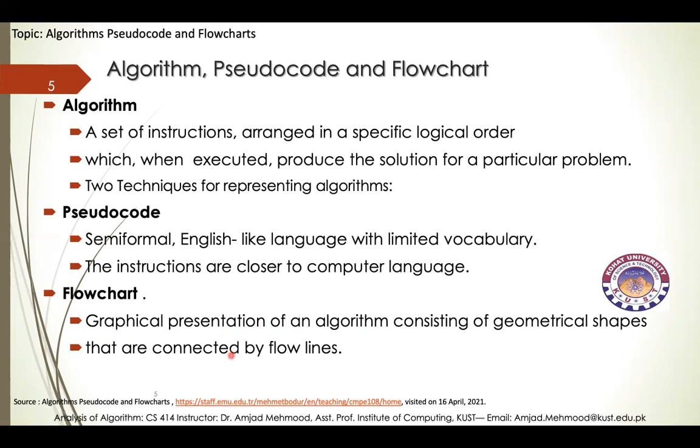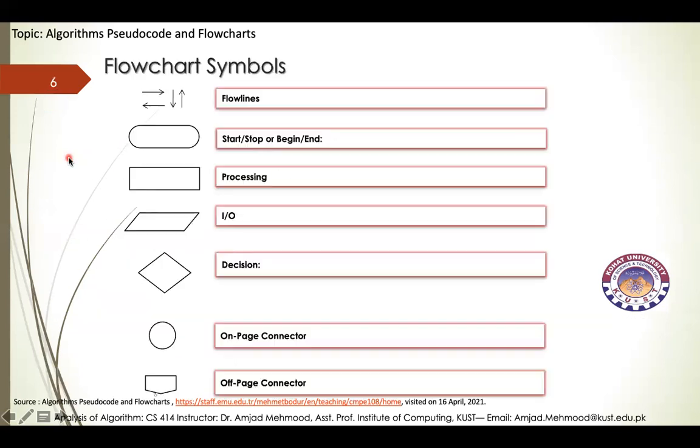I'll show that with demonstration, but this is a graphical way of showing the algorithm. It is normally considered that graphical way is more appropriate than textual. So this is the textual way and this is the graphical way of showing algorithms. So these are the graphical symbols.